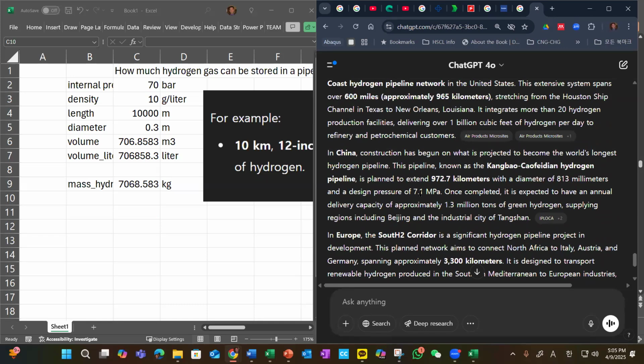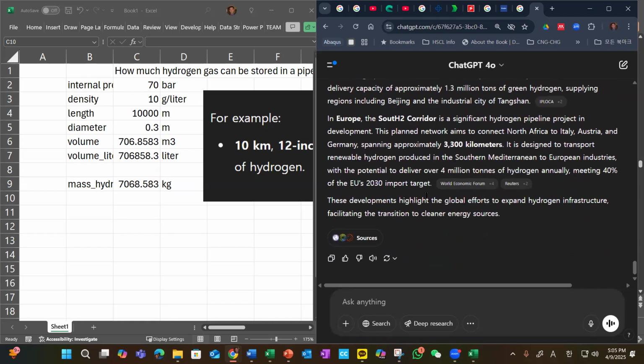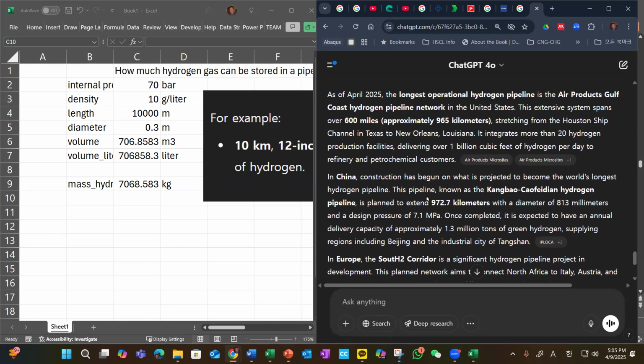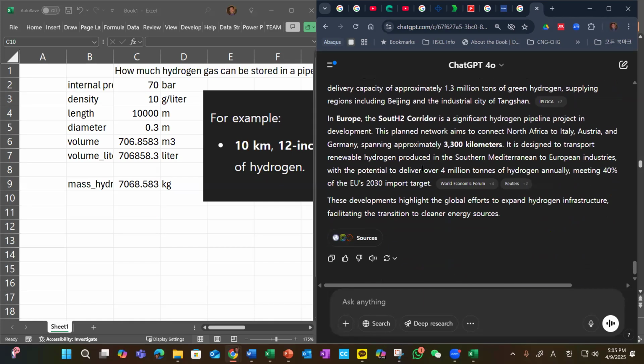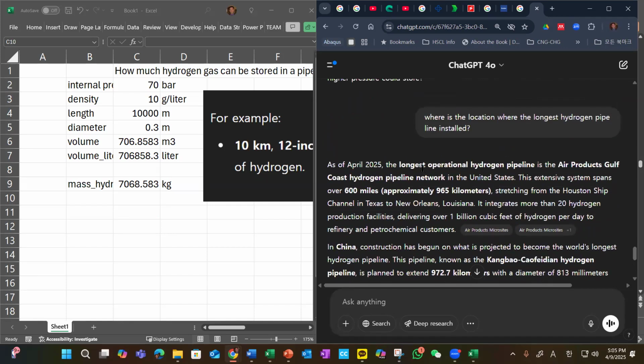So huge. Design pressure is 7 megapascal, means 70 bar. Okay. So anyhow, you can learn a lot from this new information.